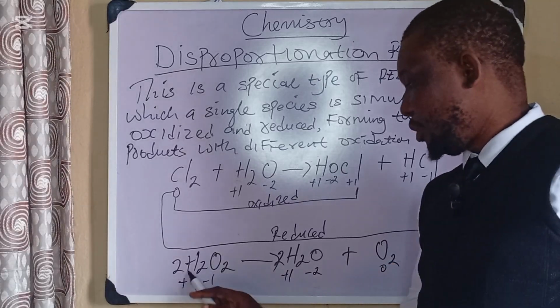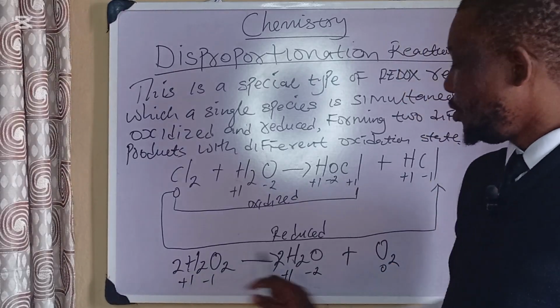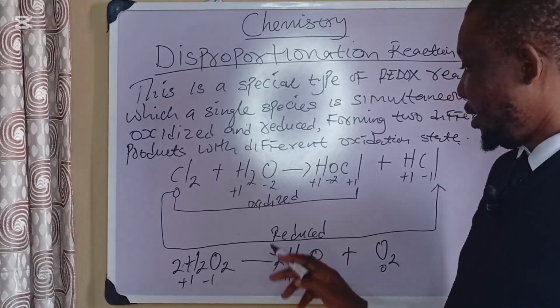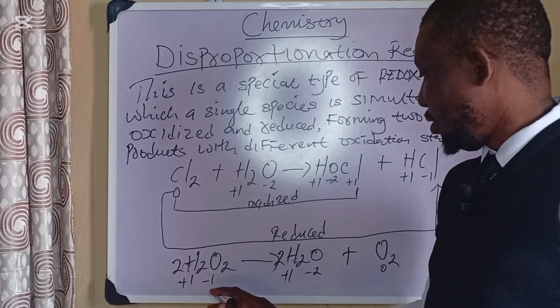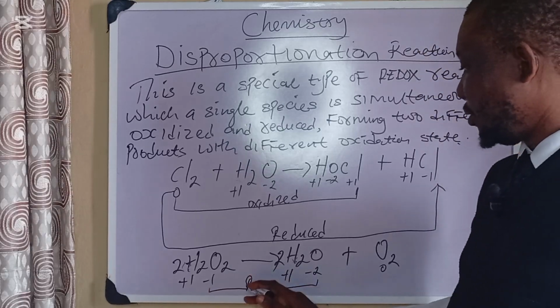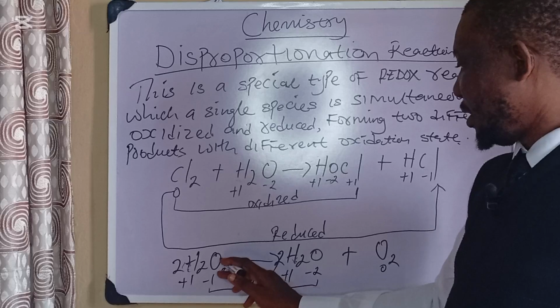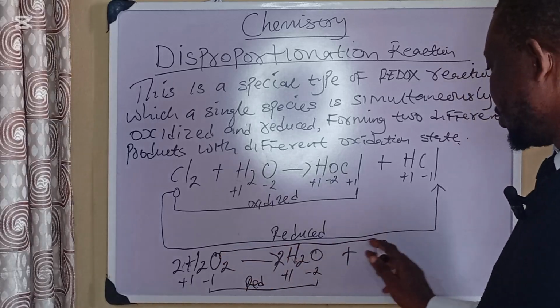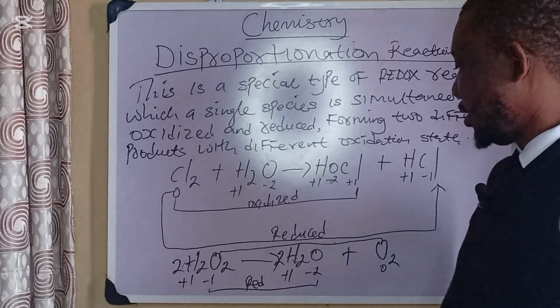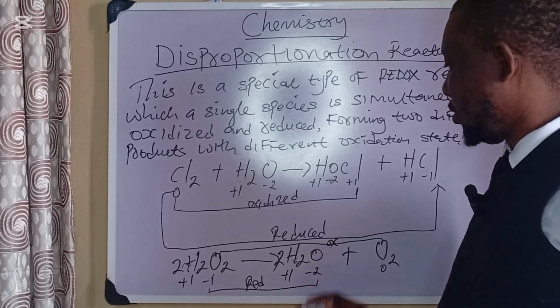Now in the reaction, we have nothing to say about hydrogen on this side and this side. But oxygen here is minus one, and oxygen here is minus two, so it's reduced in the reaction. At the same time, going from minus one to this O2, the oxidation state increases, so it is oxidized.